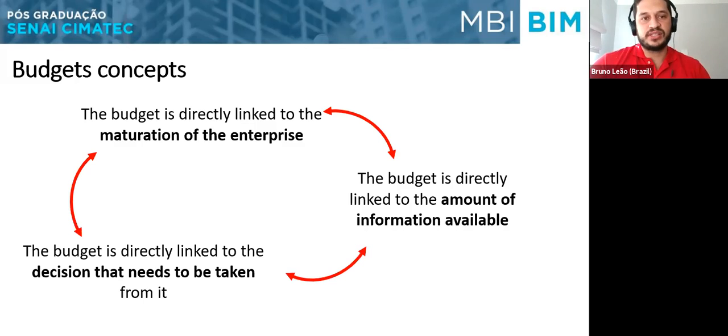If our enterprise is in the preliminary stages of development, at the beginning of the design project, we will have one kind of budget. If it's at the end of the design process, it will have another kind of budget, and when it's ready for construction, or during the construction, we have another kind.